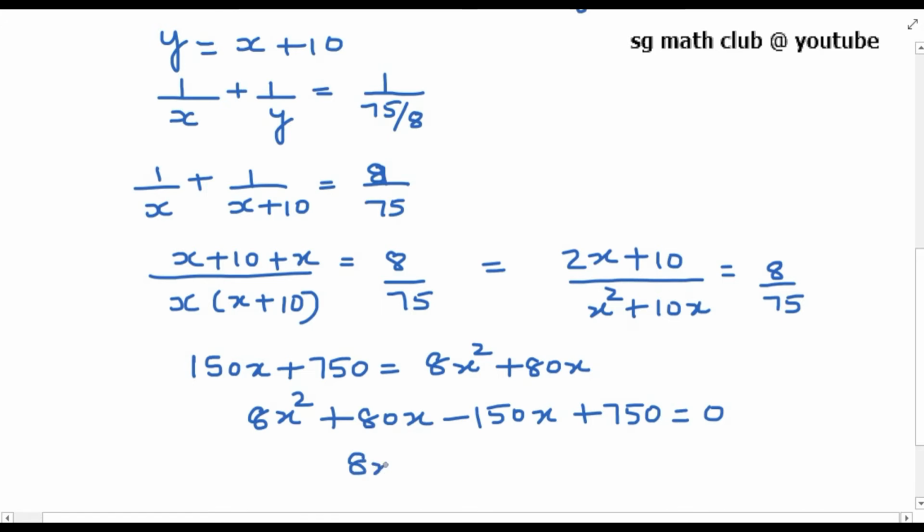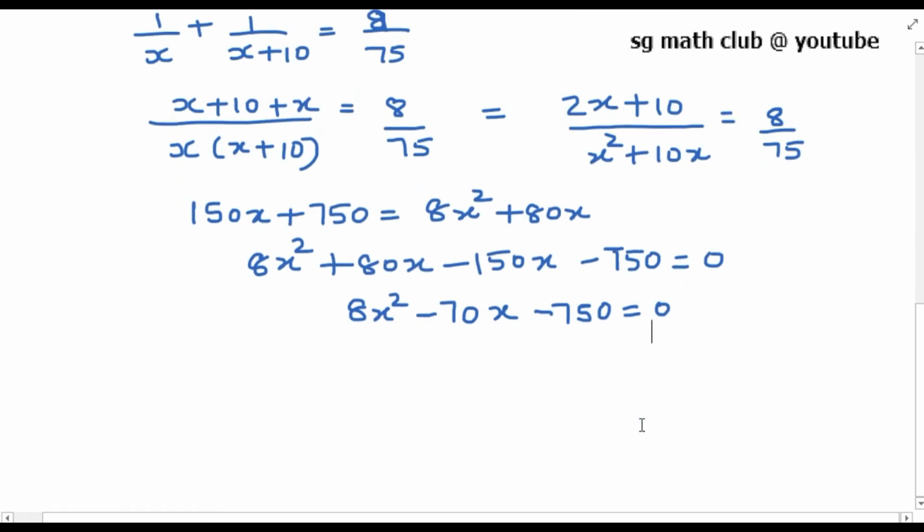So which is 8X square minus 70X minus 750 equal to 0. When you take 750 to the other side, it will become minus 750.